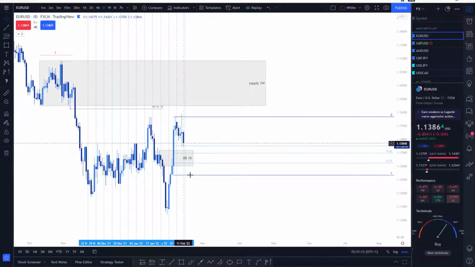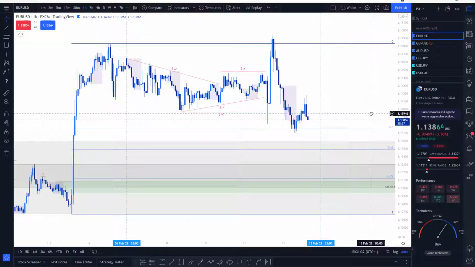If this block breaks, then we can see bearish action to mitigate at least some order block down here. And that's it. So this was a very nice example yesterday of how the price during news can take liquidity from both sides before making the move.